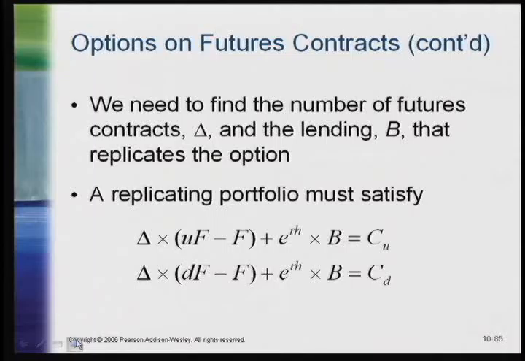Now, what is our replicating portfolio? Well, this is an option on a futures contract. So the replicating portfolio is going to be made up of delta futures and B dollars in T-bills.